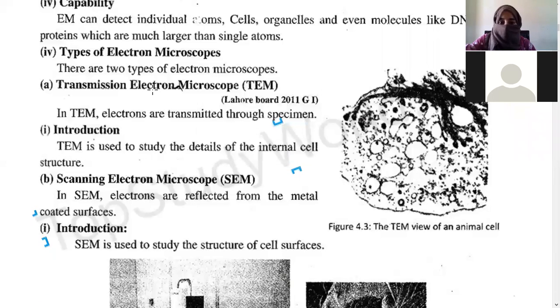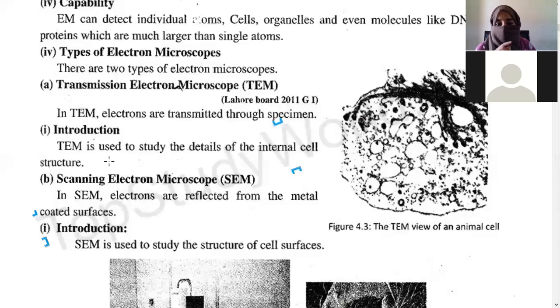Types of electron microscope. There are two types of electron microscope. One is the transmission electron microscope, known as TEM. TEM is used to study the details of internal cell structure. Means by this we can easily study the internal structure of a cell. And the second one is SEM.